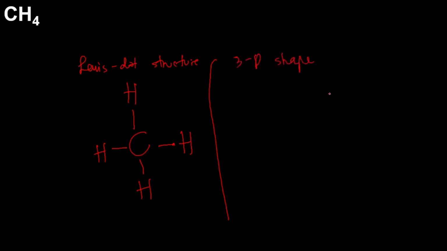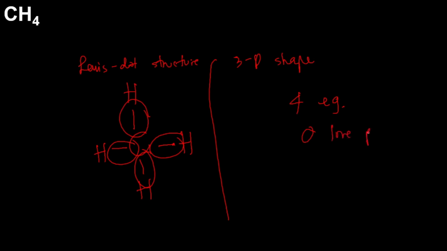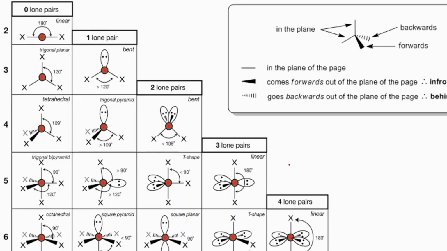We have a guide for this. Let's count the number of electron groups. That's 1, 2, 3, 4. So we have 4 electron groups, and we don't have any lone pair. Looking at this guide, we can see that 4 electron groups with 0 lone pairs gives a tetrahedral shape.